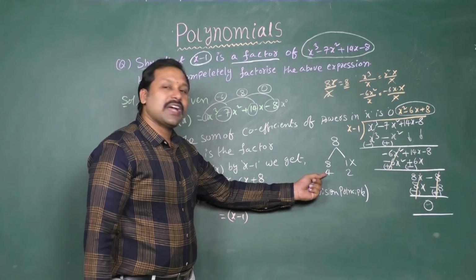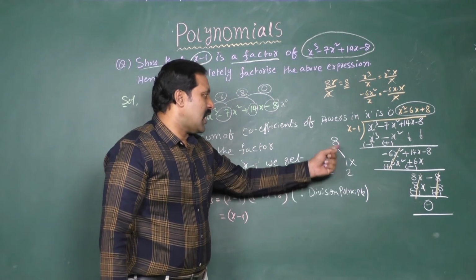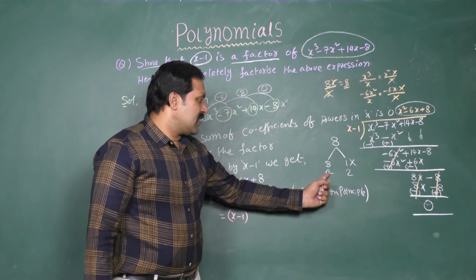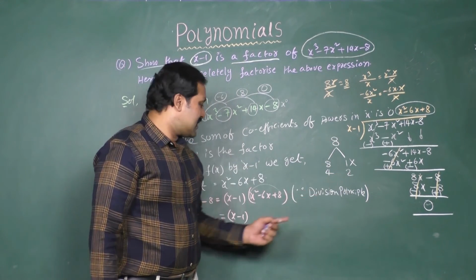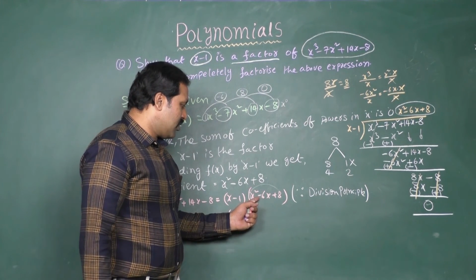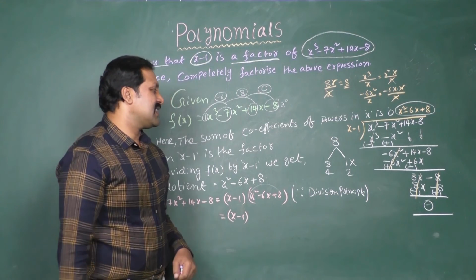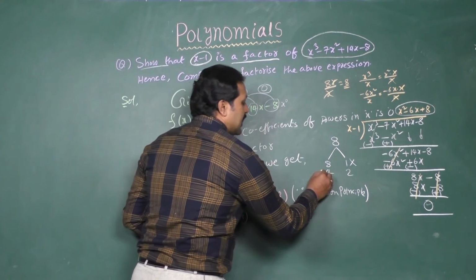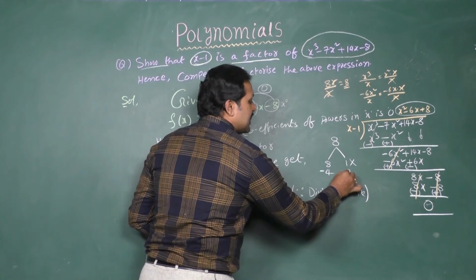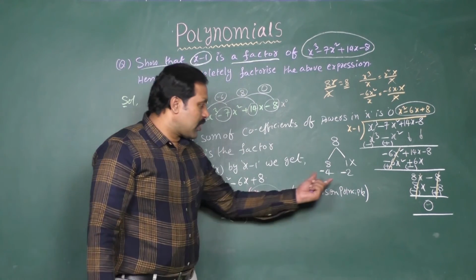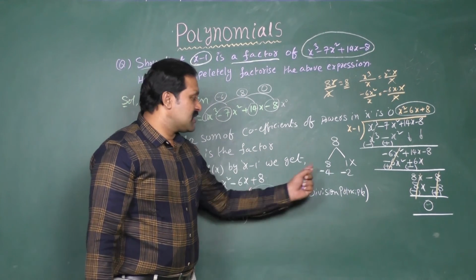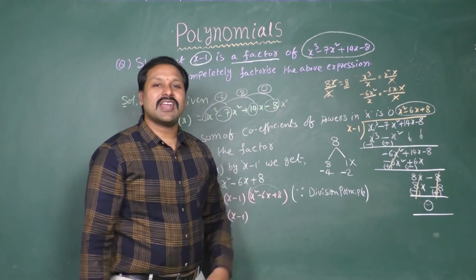Coming to the second one, 4 twos are 8. The product is 8. Then their sum is 6. But here you have minus 6. That's why take minus 4 and minus 2. The product of these, minus 4 into minus 2, minus into minus is plus, 4 twos are 8.